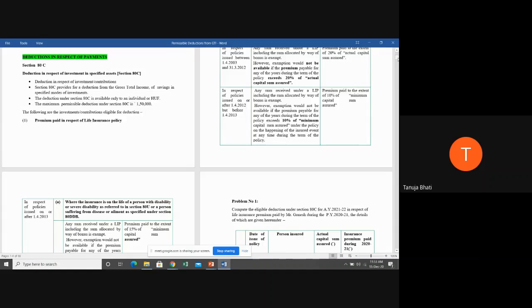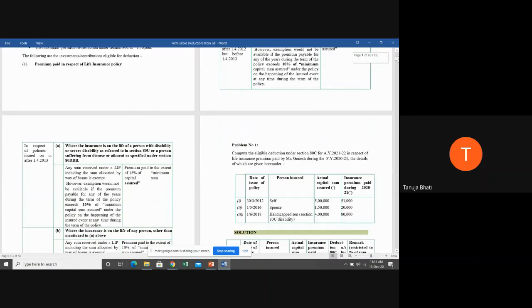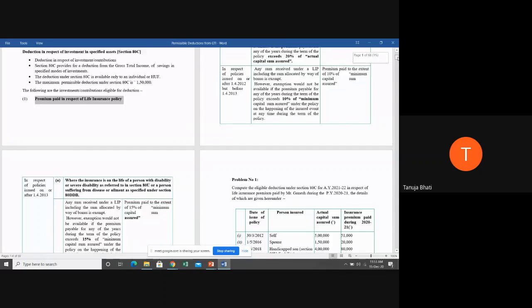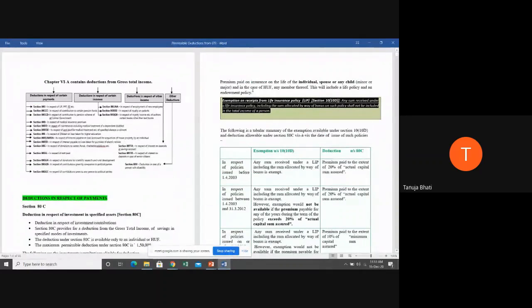Next, in detail, we will be seeing this shortly. The first type of deduction you can claim is investment. That is, premium is nothing but a type of investment that you're making in respect of a life insurance policy. Now, suppose the premium is paid on the insurance on the life of an individual, still you will get a deduction.